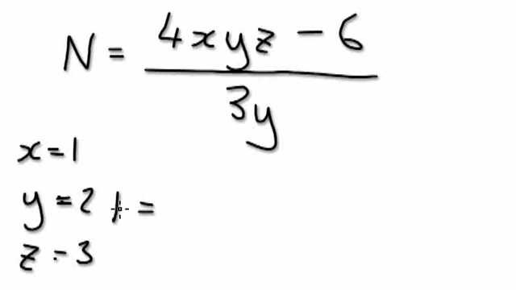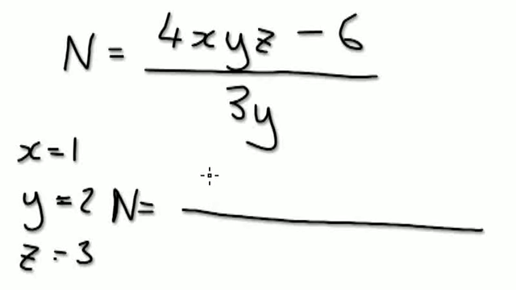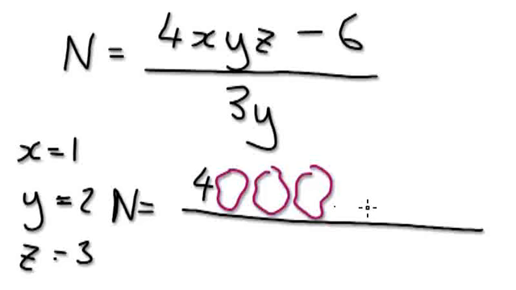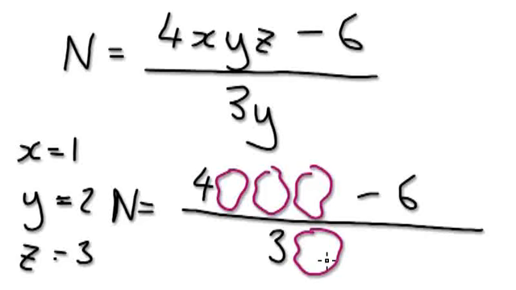So now n here equals, because they're next to each other, it means times. Okay, so we've got here 4 and then x times y times z, and then take away 6. Okay, and then we've got to divide it by 3 or y into here.